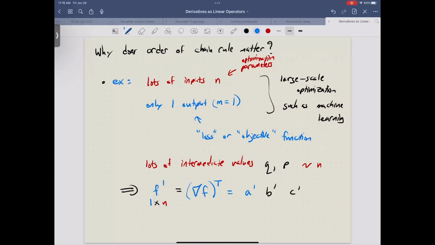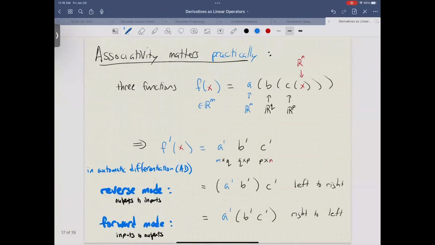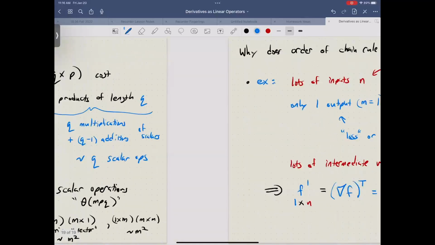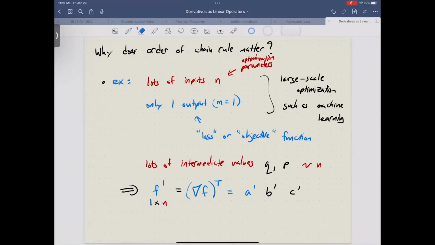And we said A is M by Q, and M is 1, so 1 by Q. Let's just suppose for simplicity that these are all equal to n. So this is 1 by n. B is n by n.